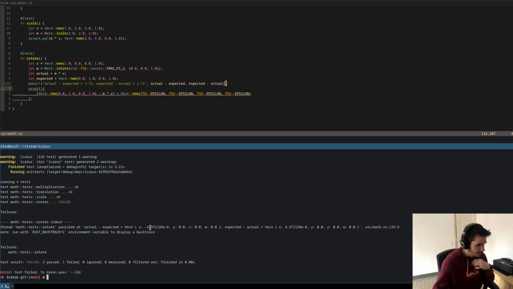Actual versus expected is, the first one is negative, a very small negative number, and the other one is positive, right?